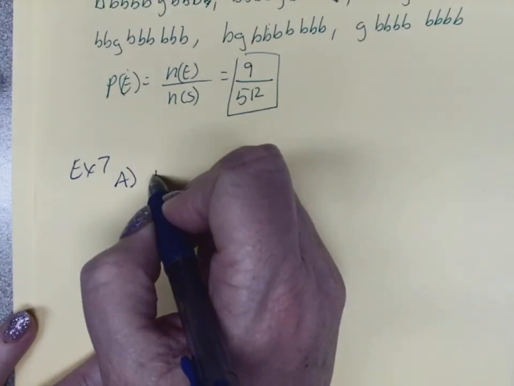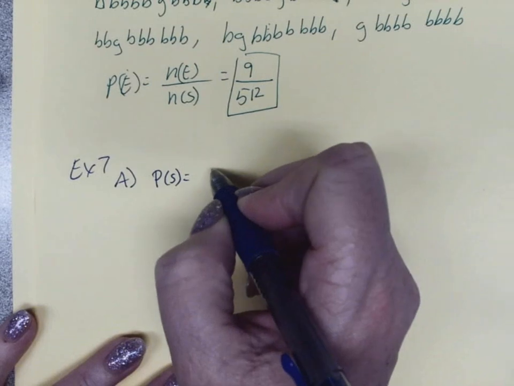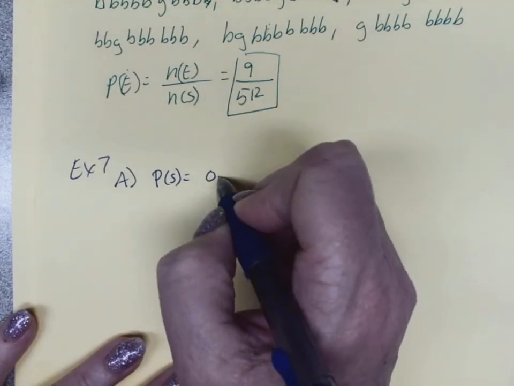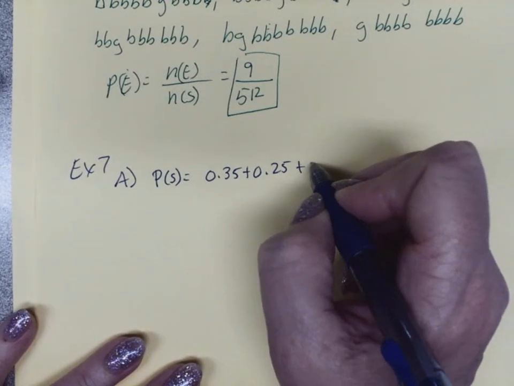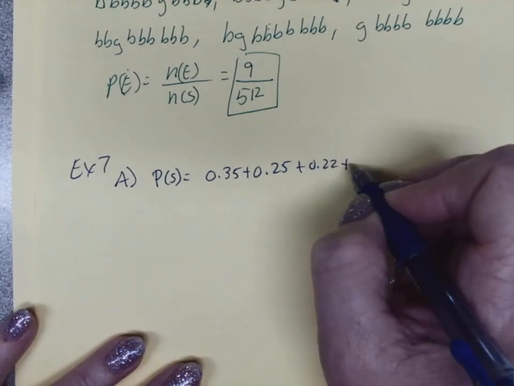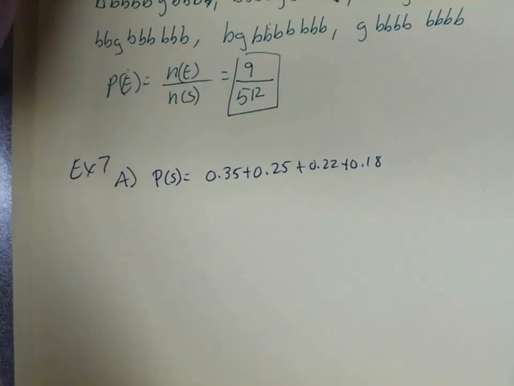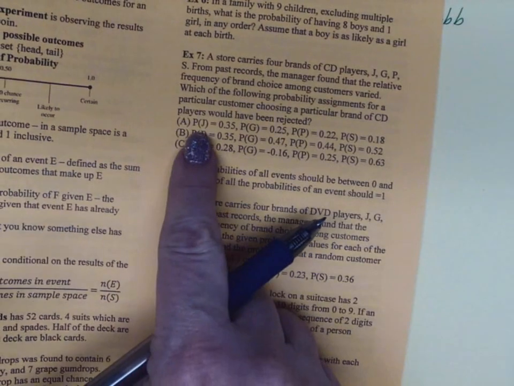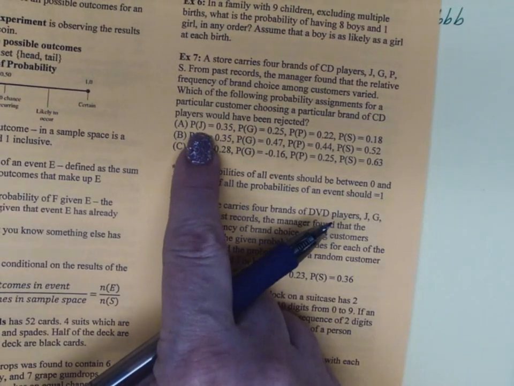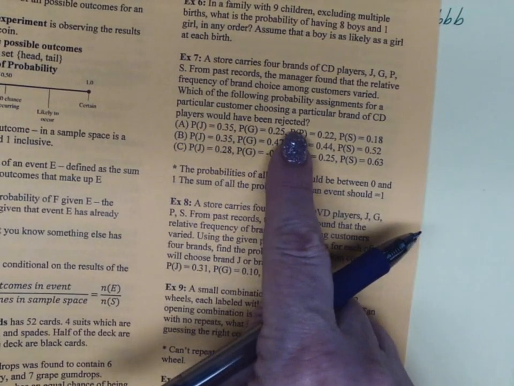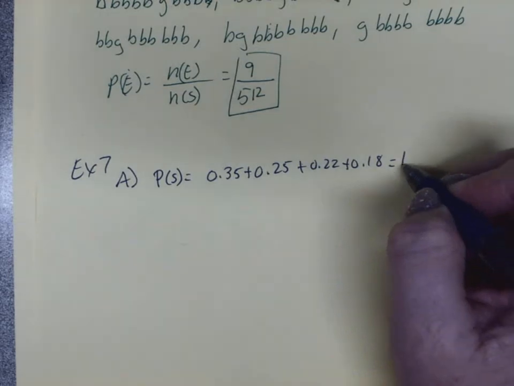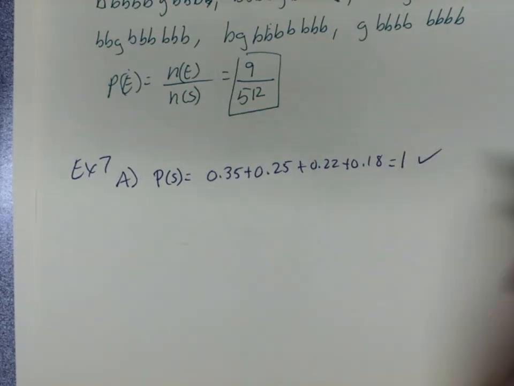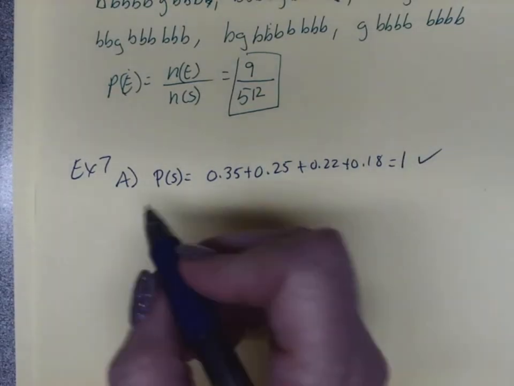All right, so the probability is going to be 0.35 plus 0.25 plus 0.22 plus 0.18. And I'm getting this off of our P of J, P of G, P of P, and P of S. Okay, so that's all of them. So this is out of the total. It adds up to be 1. Well, the total equaled 1, so we are good.